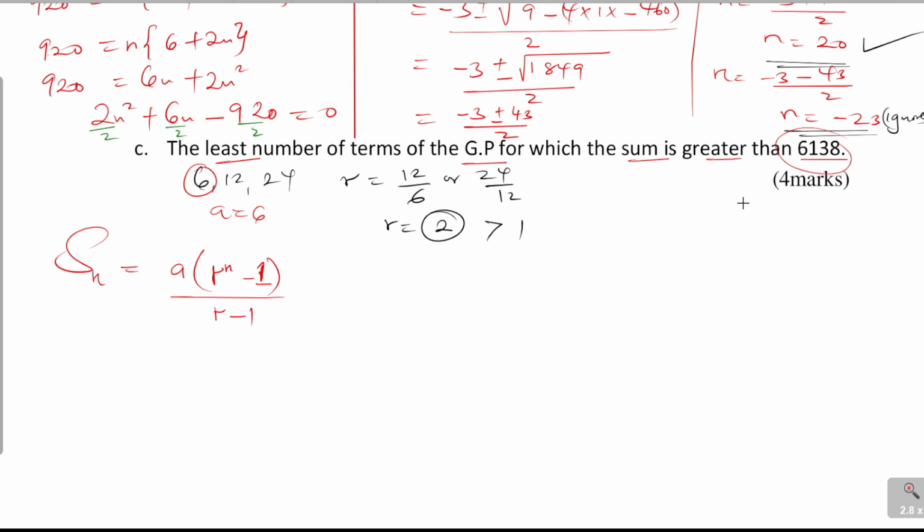So we have a, which is 6, then the common ratio 2 raised to the power n, subtract 1, then the common ratio 2 subtract 1. So this will give 6138 is equal to 6 times (2^n subtract 1).